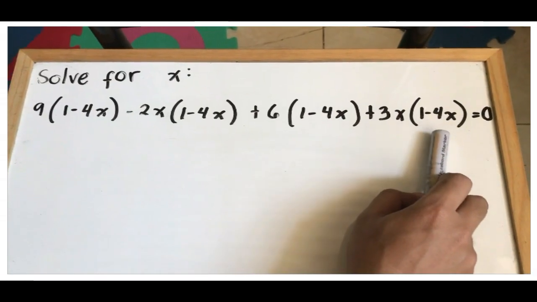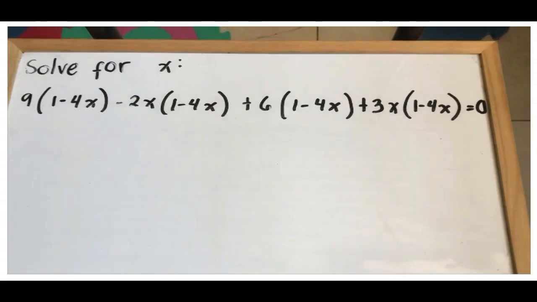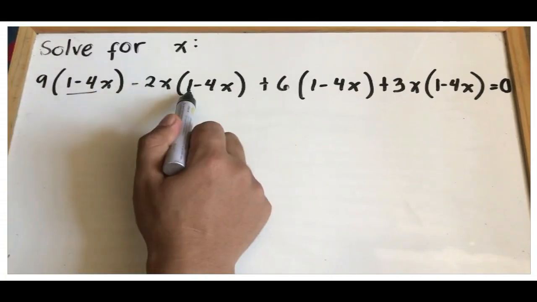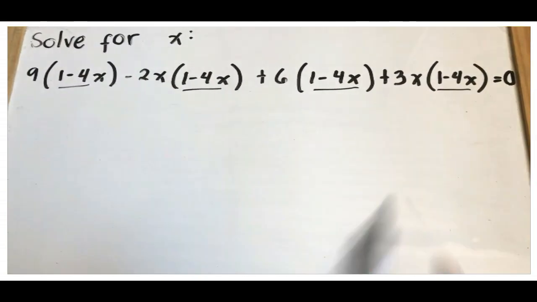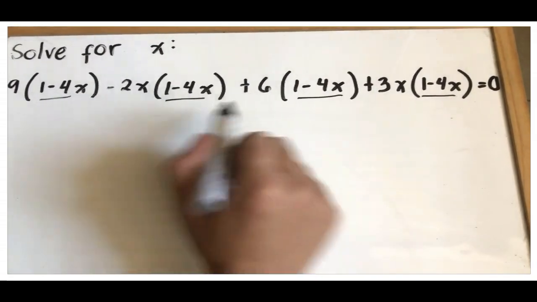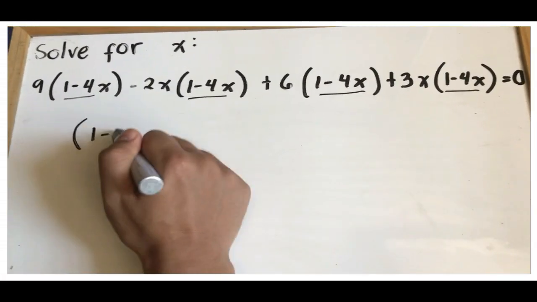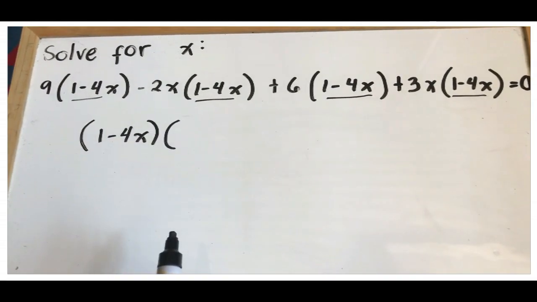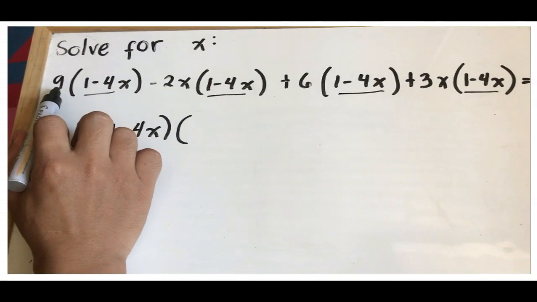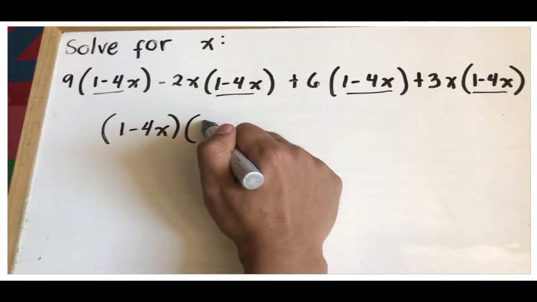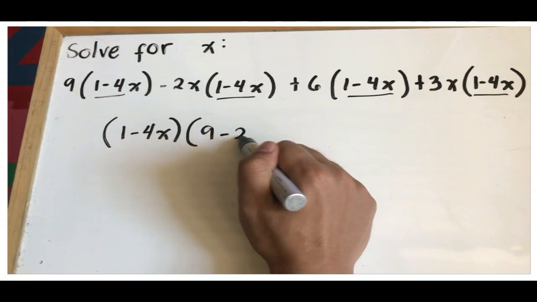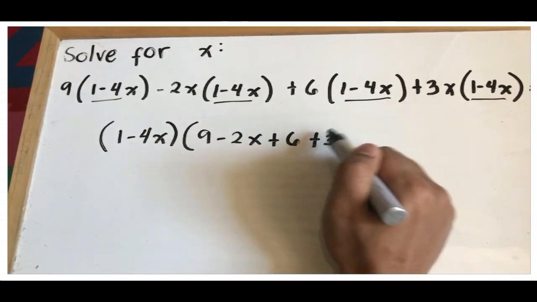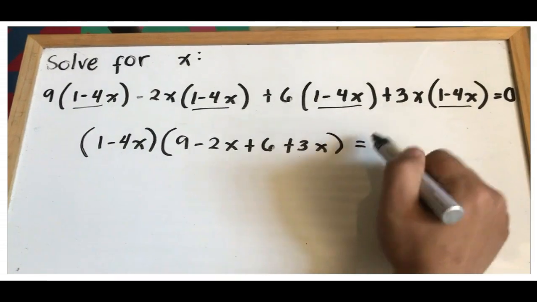Quantity 1 minus 4x is equal to 0. So, pansinin na meron tayong mga common factors. 1 minus 4x. So, first step, copyin natin yung mga common factors na 1 minus 4x. Times yung mga other factors. 9 minus 2x plus 6 plus 3x is equal to 0.